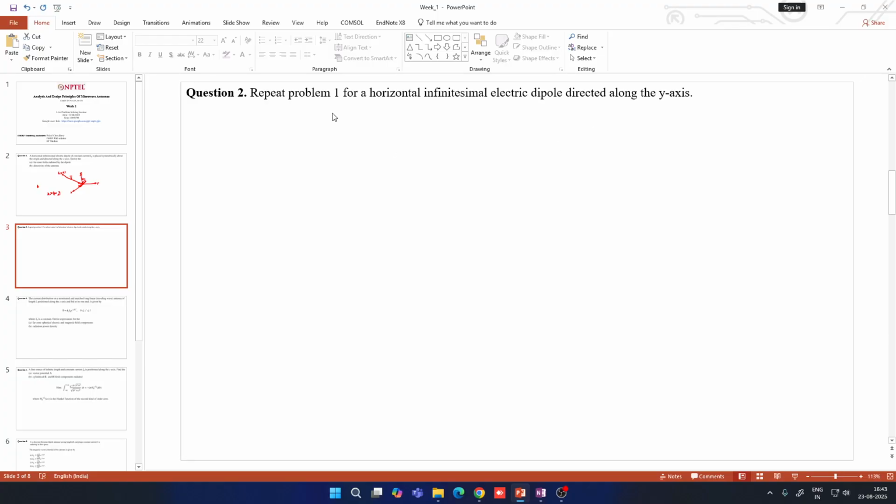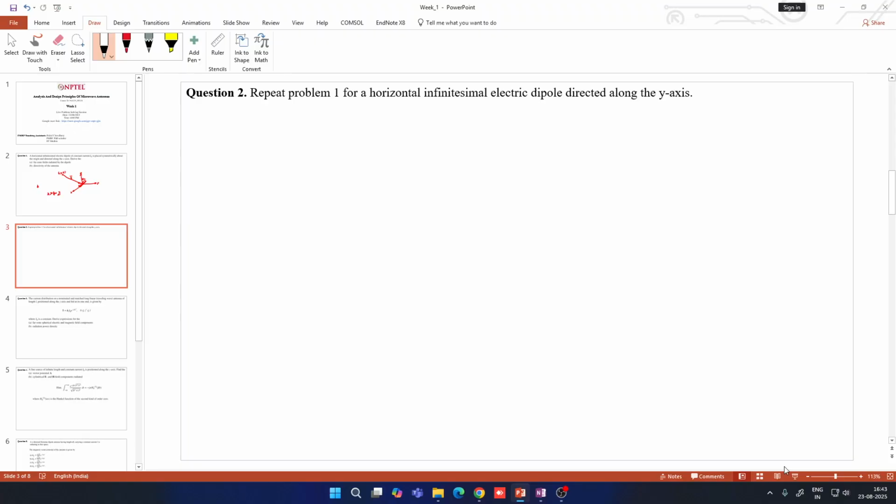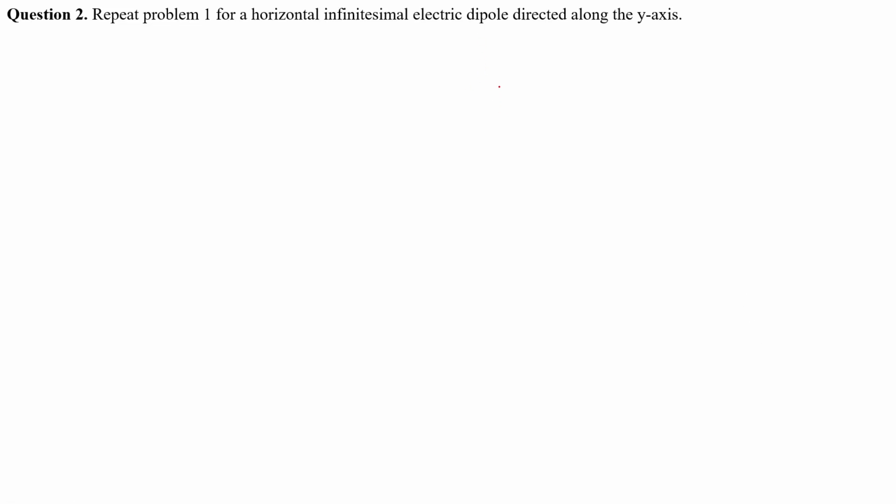The question is the same, we have to do the same thing, but the only difference is that this time the antenna is oriented along the y-axis, with the same I naught current. I hope you understood the previous problem, and you can try this by yourself. I'm giving this as homework.